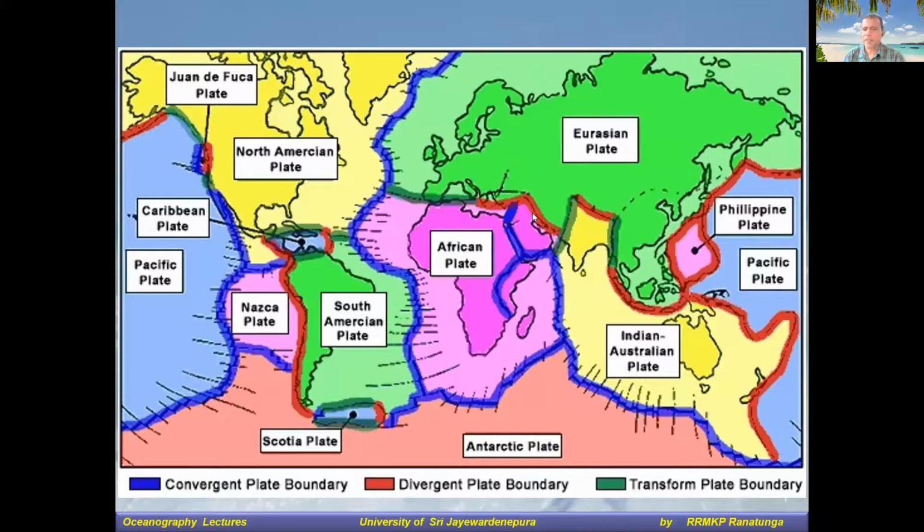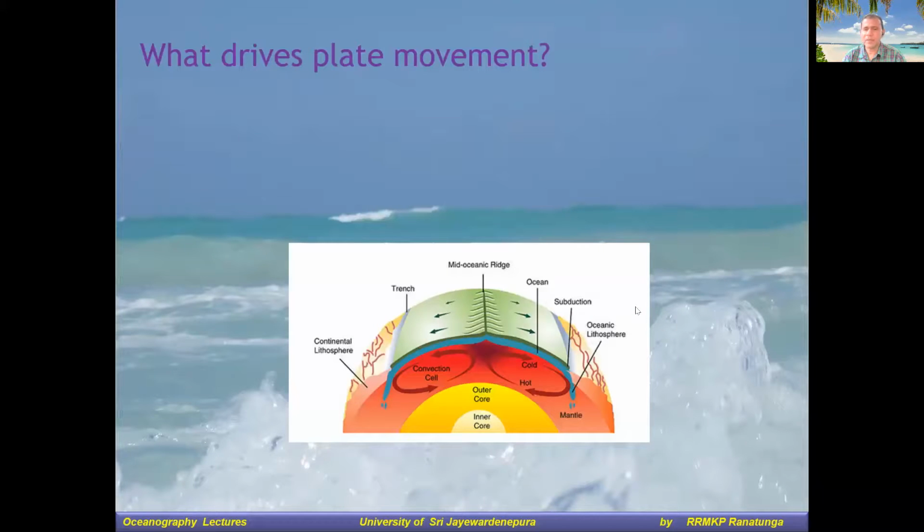Likewise, there are some cases of transform plate boundary even in the Pacific, right at the edge of the west coast of the US, right? All right, so that's all about the plate boundaries.